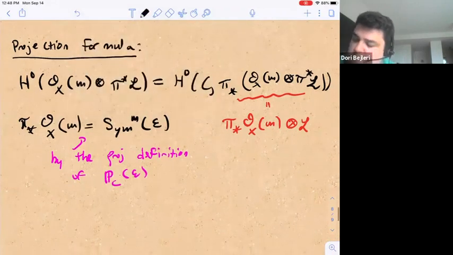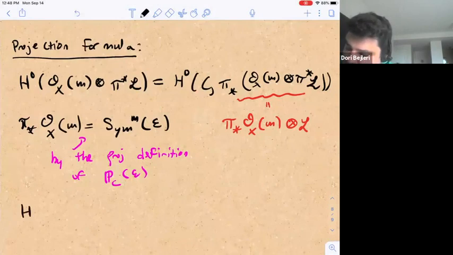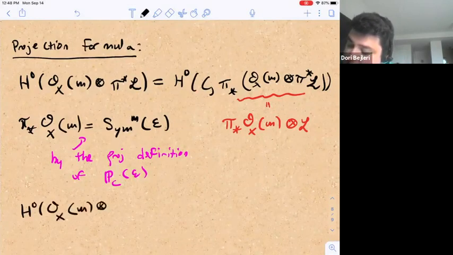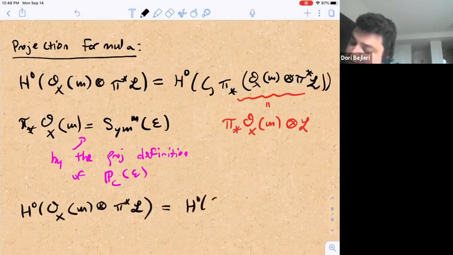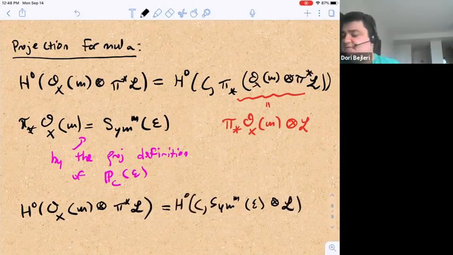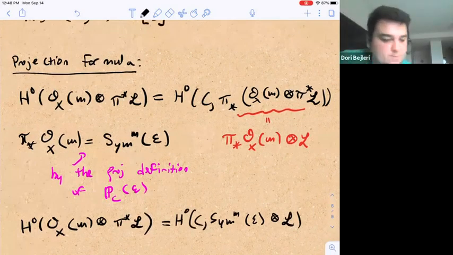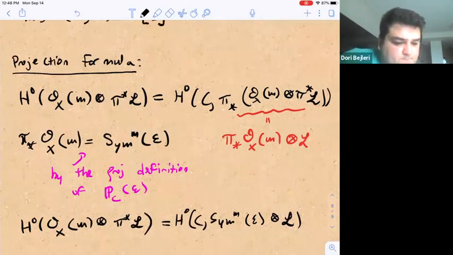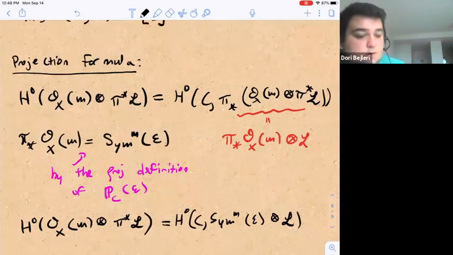And so we know what sections are then. Sections of OX of M tensor pi upper star L are the same as sections of Sym M of E tensor L downstairs on the curve. So every effective divisor corresponds to some section of a line bundle like this.